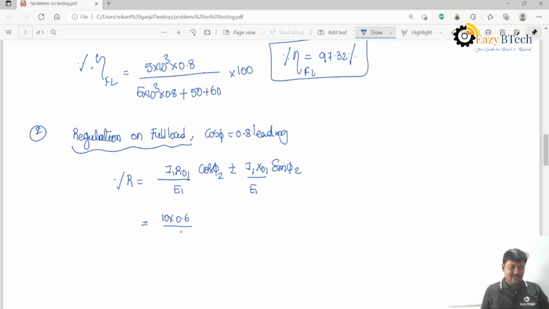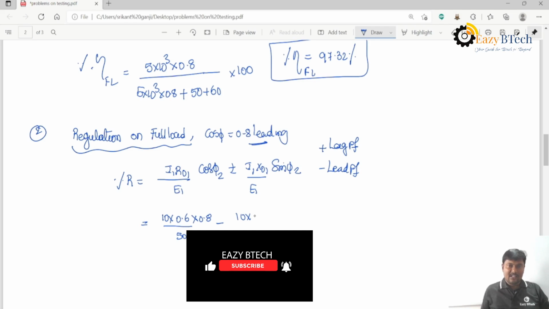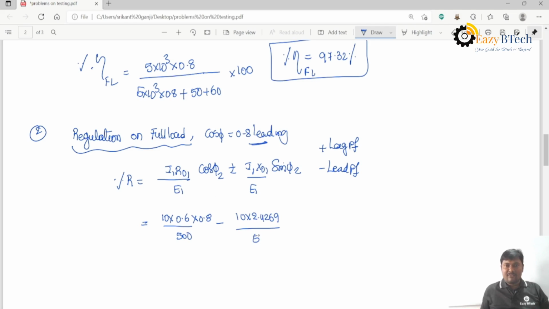What is the E1 value? It is 500 and the power factor is 0.8 leading. Here plus is for lagging power factor and minus is for leading power factor. So minus 10 into X01, we are getting 2.4269, divided by 500.